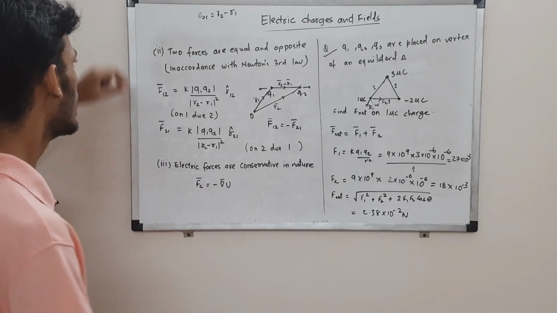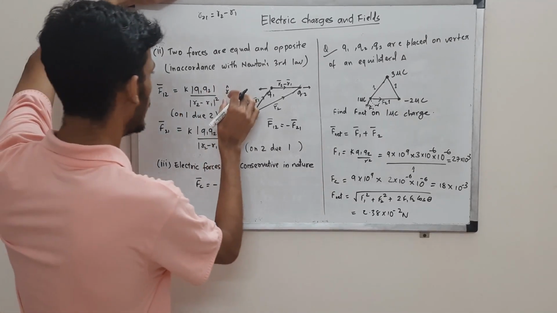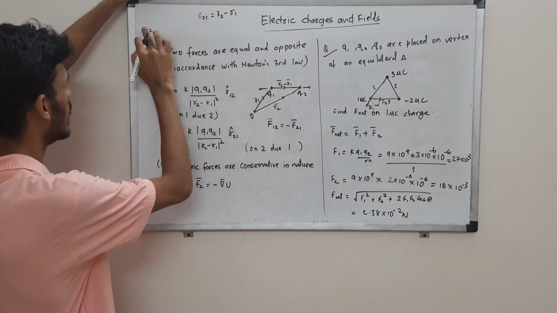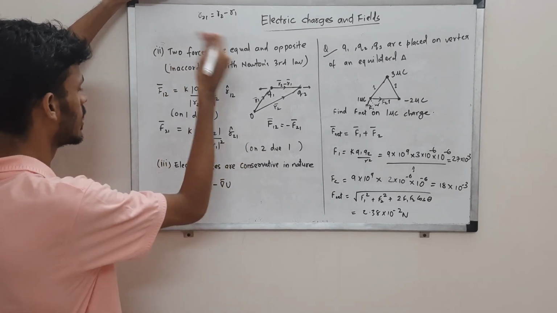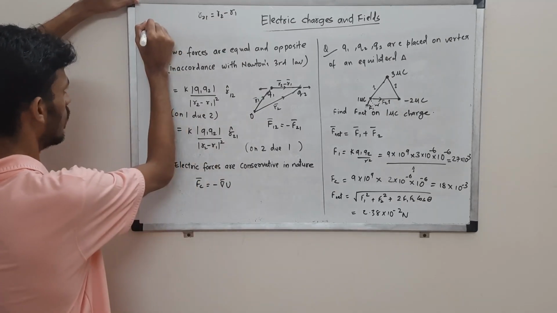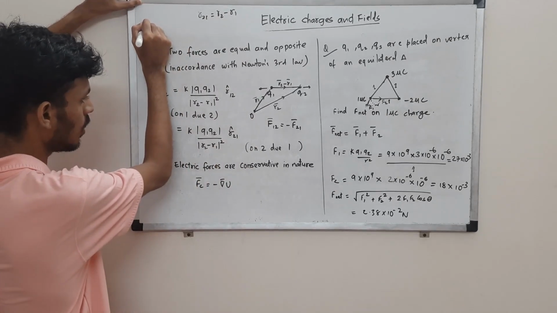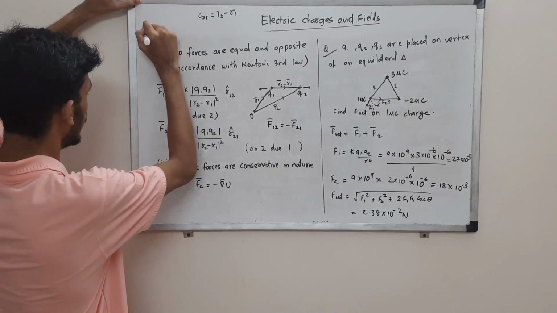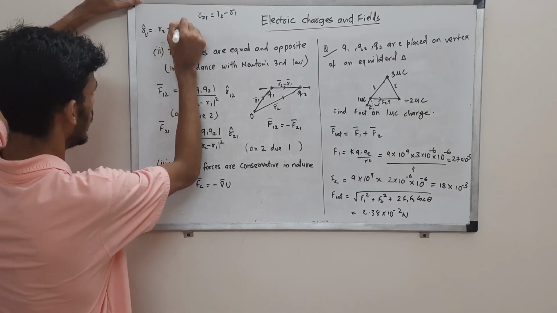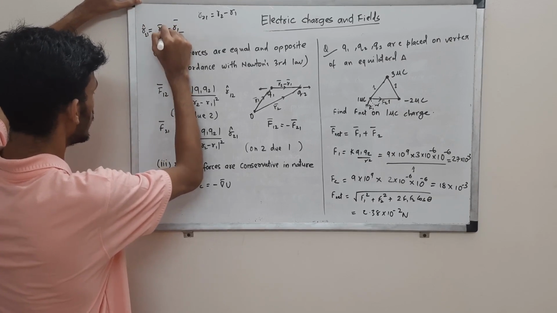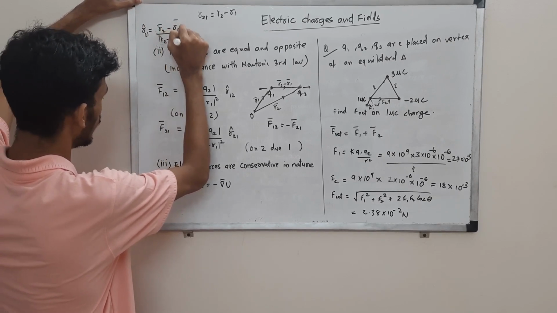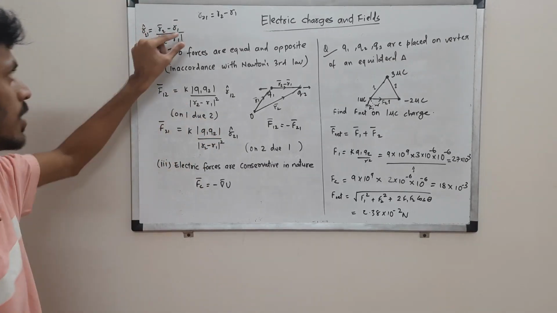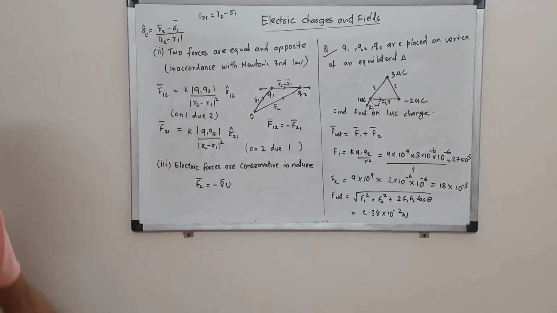Some books will write the vector form in a more elaborate way. They will write r12 as r2 minus r1, and they will use that the unit vector can be expressed as the vector divided by its magnitude. So you'll see a cube coming in the equation. They'll use r2 minus r1 upon the magnitude of r2 minus r1.